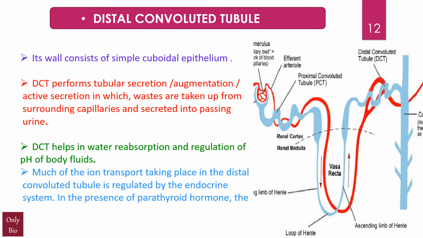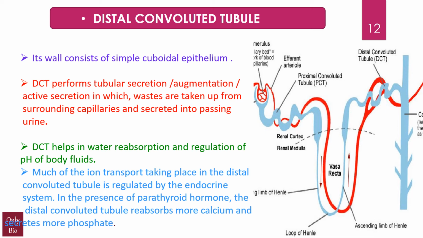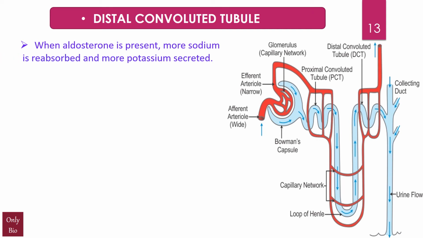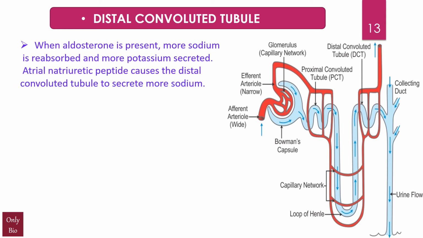In the presence of parathyroid hormone, the DCT reabsorbs more calcium and secretes more phosphate. When aldosterone is present, more sodium is reabsorbed and more potassium is secreted. Atrial natriuretic peptide causes the DCT to secrete more sodium.